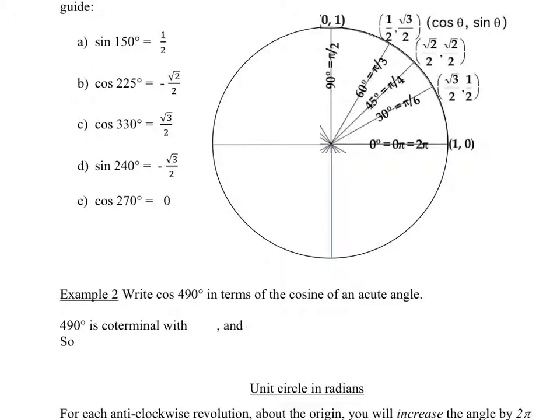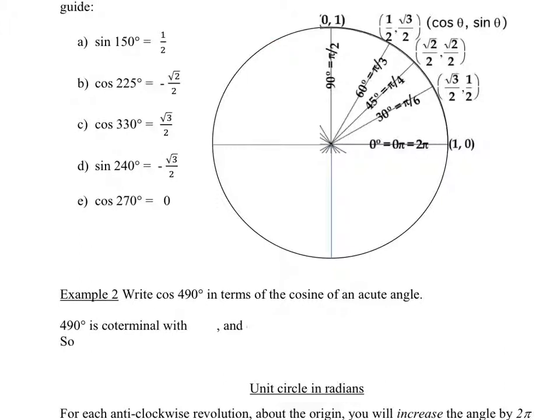Now, an acute angle is one between 0 and 90 degrees. Now, let's just think this through. 490 degrees would be 360 plus another 130. So we'd end up somewhere over here.